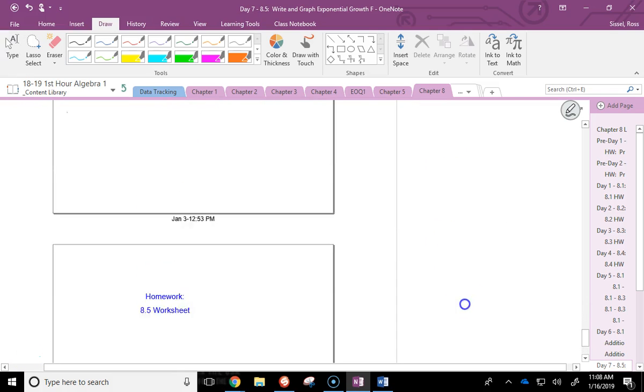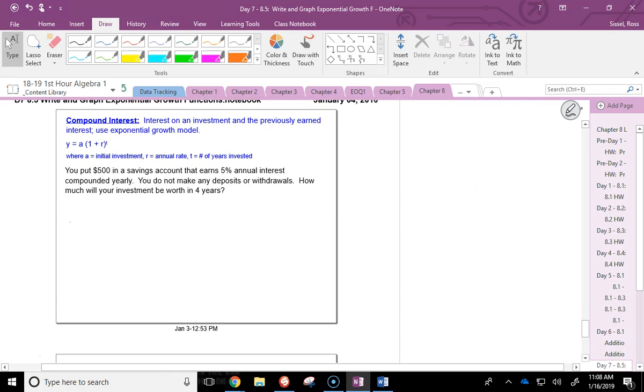Alright, then our last question, and then I'll look at a little homework with you. Compound interest. Interest on an investment in the previously earned interest use exponential growth model. This is what I was saying that banks will use a lot. So they still use this equation. Remember, this is the same equation that I just said as this one.